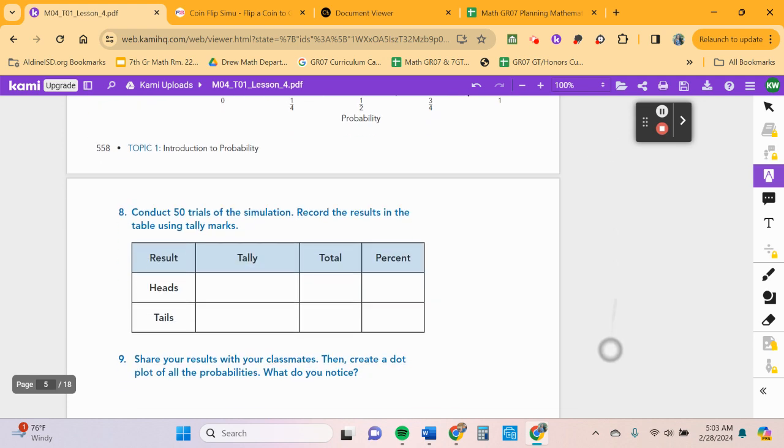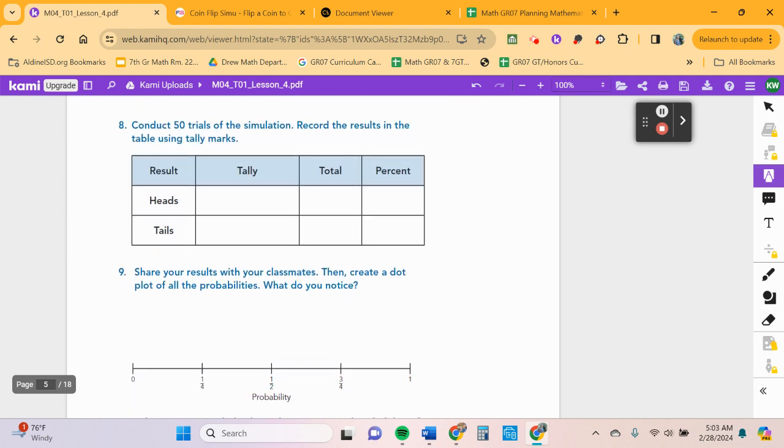All right, moving forward. Question number 8 says, now conduct 50 trials of the simulation. Record the results in the table using tally marks. And then also we're going to note our total and then that total as a percentage. And being that we're not doing this individually but together, we are going to skip number 9.